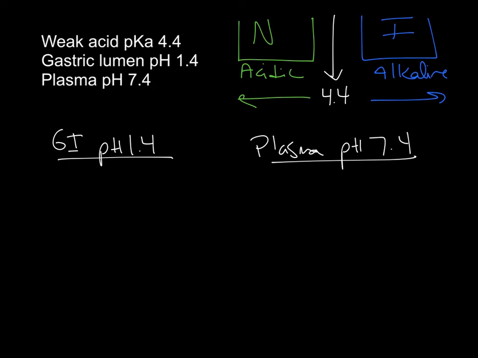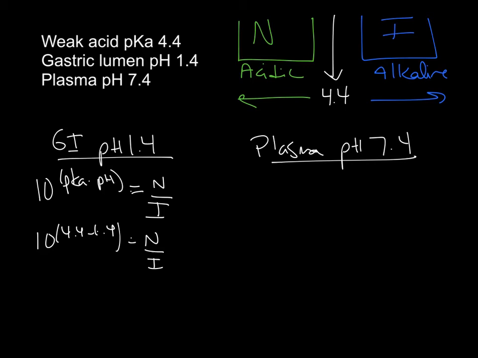So in the pH 1.4, we can use our 10 to the pKa minus pH, because this is a weak acid and N is high, will equal N over I. And if we do that on this side, we've got 10 to the 4.4 minus 1.4 equals N over I. So 10 to the 3 equals N over I. 1,000 over 1 equals N over I.